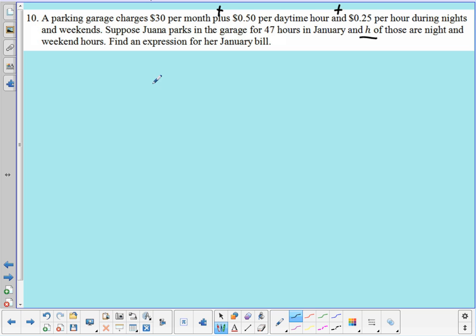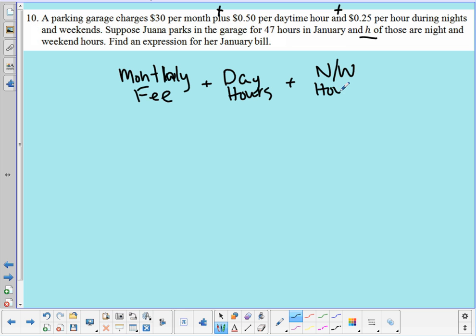Okay, so again, she has three different things that she's doing here. She has the flat rate, so the monthly fee, I guess we could call that. Monthly fee plus the day hours plus the nights and weekends hours. Okay, so monthly fee, easy, 30 bucks. The daytime hours are 50 cents times the number of hours.